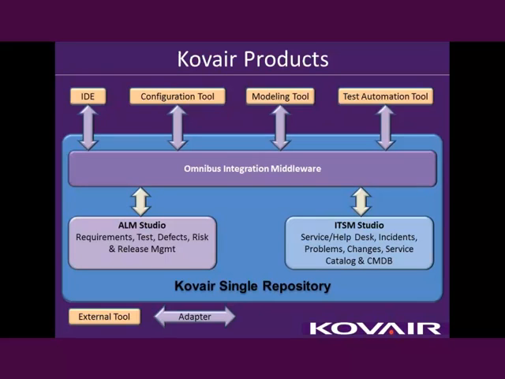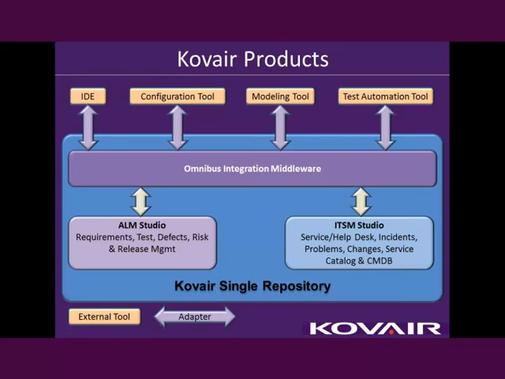Now let's look at the different products of Kovair. Basically, Kovair has 3 products. One is ALM Studio, our focus today, which is basically managing all aspects of application lifecycle management. Then we have ITSM Studio, which is really an ITIL version 3 implementation using Kovair. And the third product Kovair has is the Omnibus integration middleware. As a matter of fact, you can use any of these products just standalone or mix and match between any of these products.